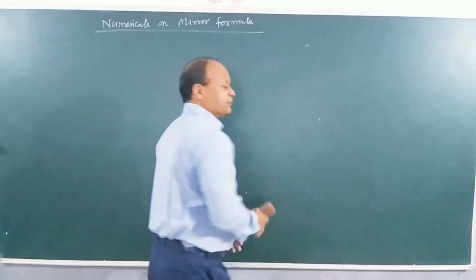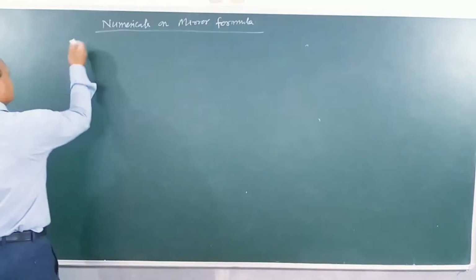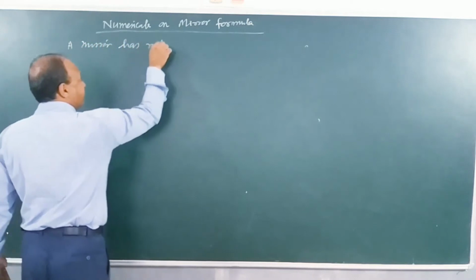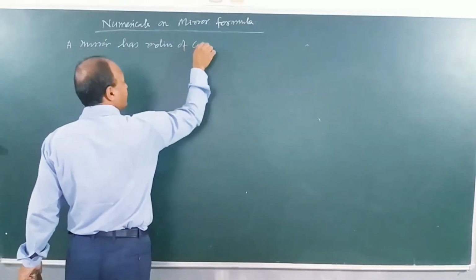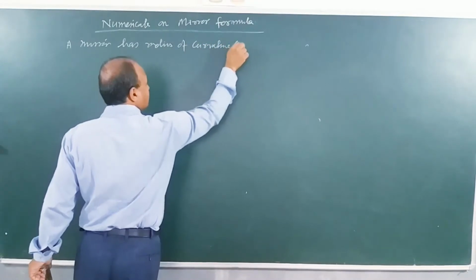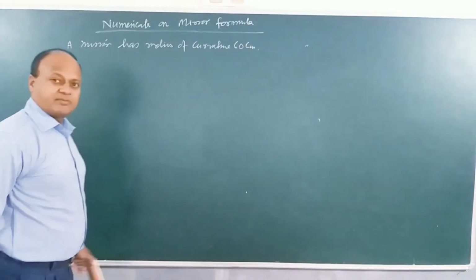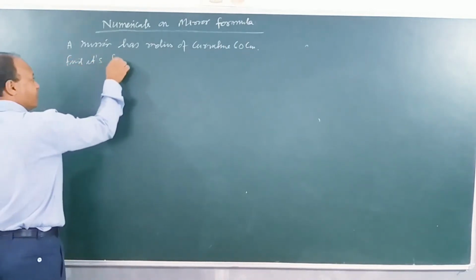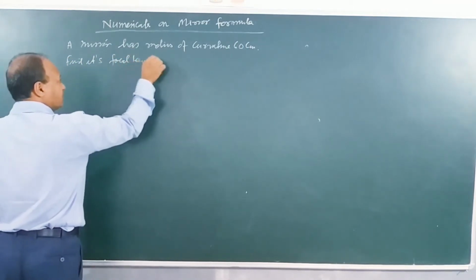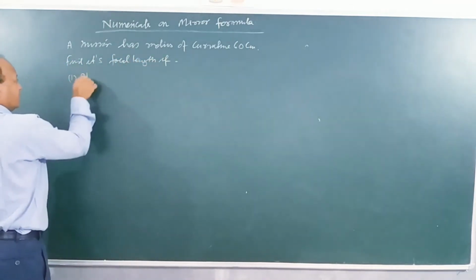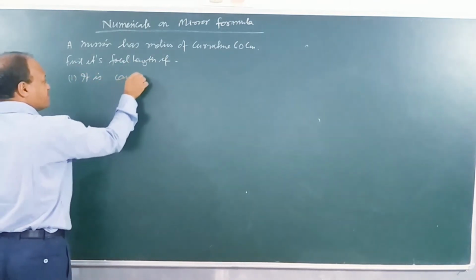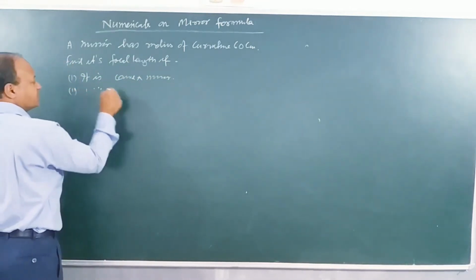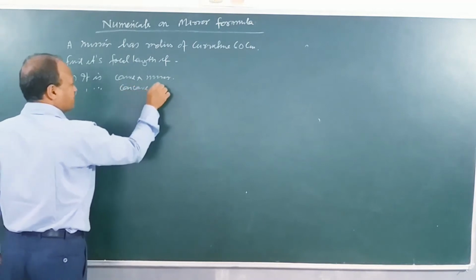For example, suppose I ask you: a mirror has radius of curvature 60 centimeter, and then it says find its focal length if number 1 it is convex mirror and number 2 it is concave mirror.